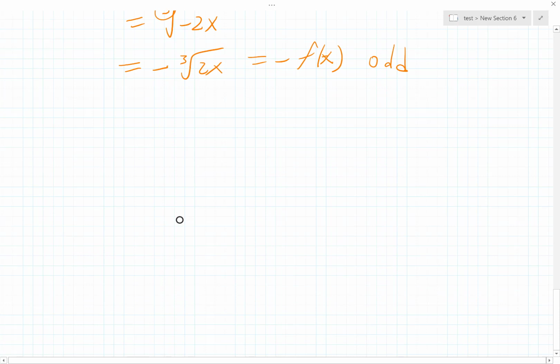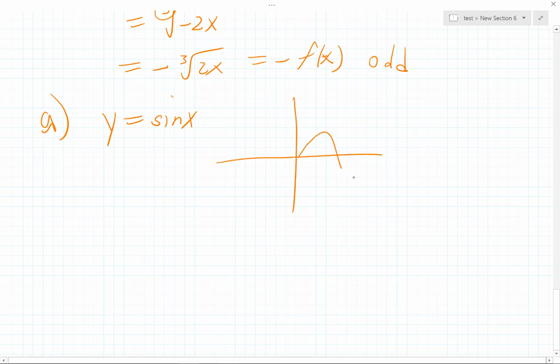So your question might have been for the trig functions because it seems like you're a little worried about those. But again, I don't think you have to be for the first two subtests. So y equals sine, that is a classic odd function. It is nice and symmetric over the origin. If you plug in the sine of negative x, it will be the negative of the sine of x.